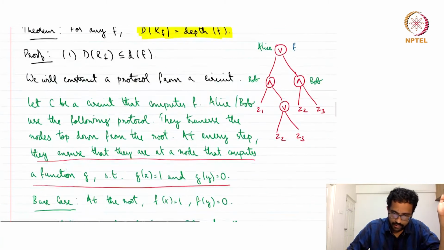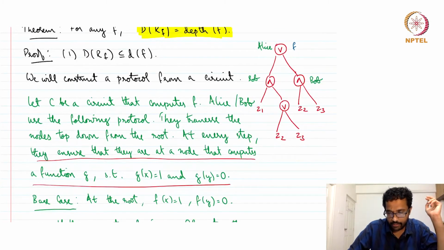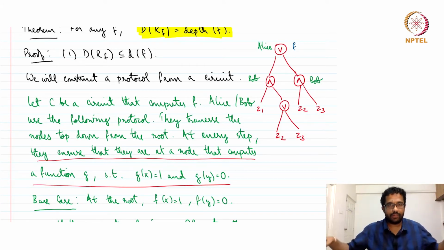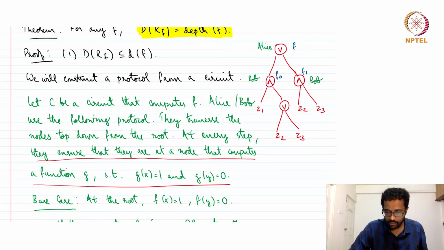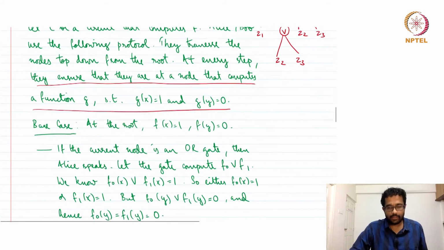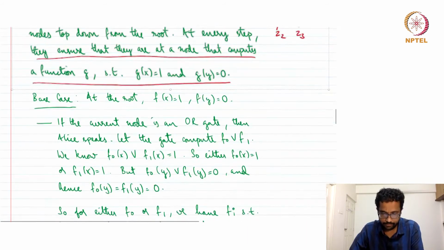Now this is an OR gate, so let's say the corresponding functions of the two children are f0 and f1. Suppose this is f0 and this is f1. We know that f of x is equal to 1 and f of y is equal to 0.